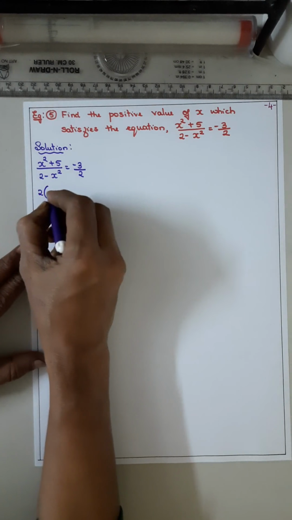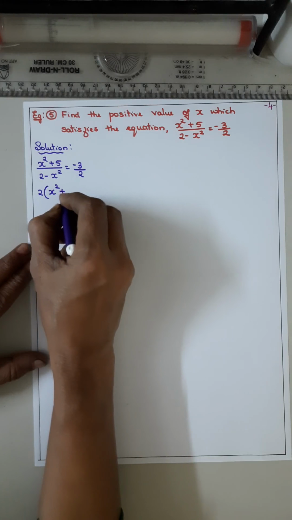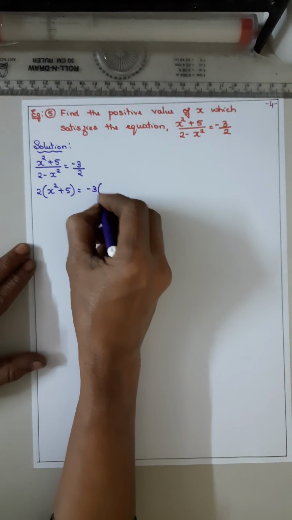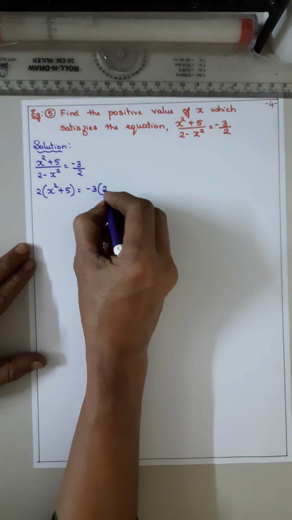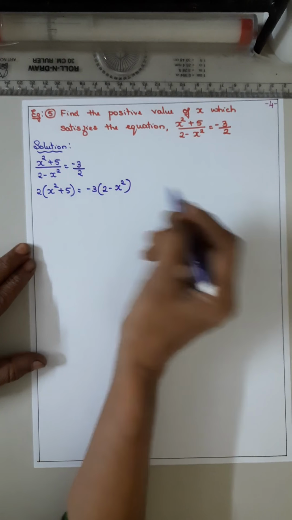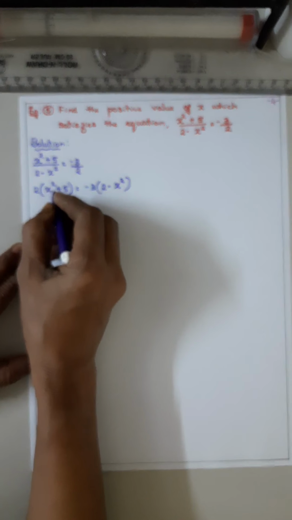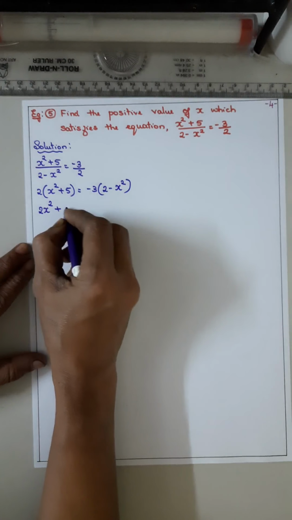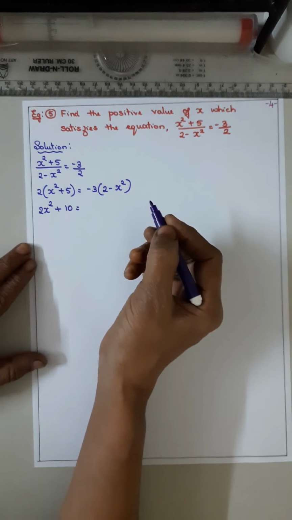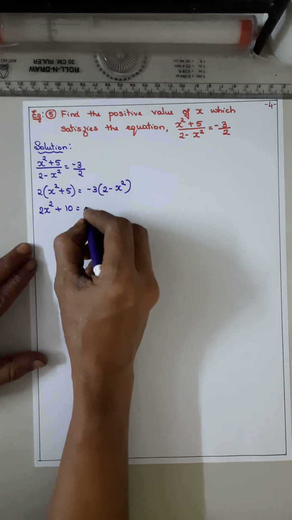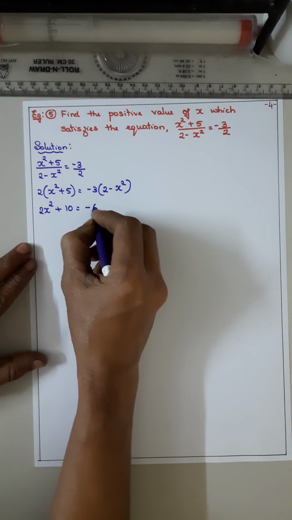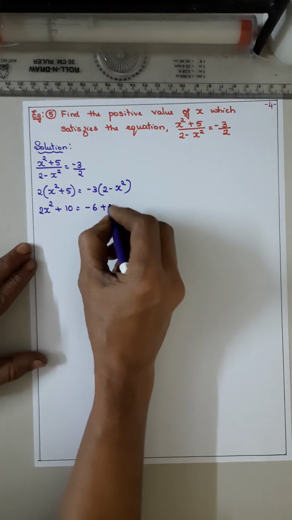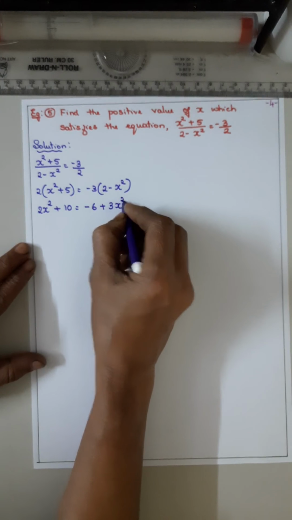So 2 into x squared plus 5 and minus 3 into this one, isn't it? 2 minus x squared. Now 2 into x squared becomes 2x squared plus 2 5s are 10. Now minus plus becomes minus, 3 2s are 6. Minus minus becomes plus, 3 into x squared, 3x squared.